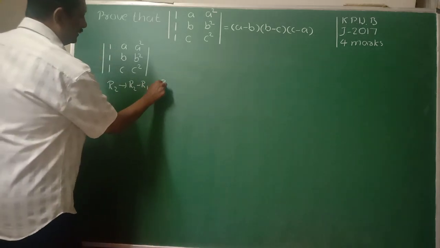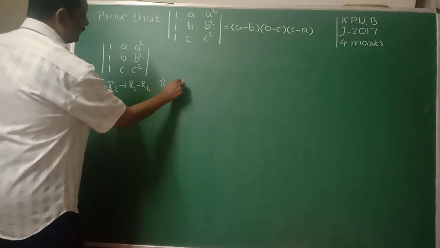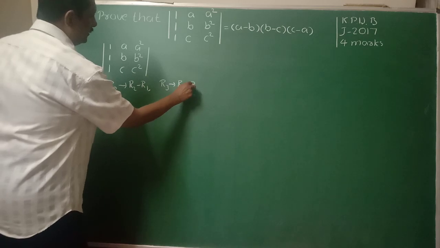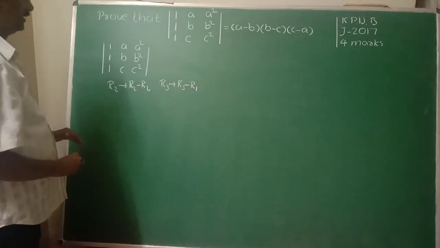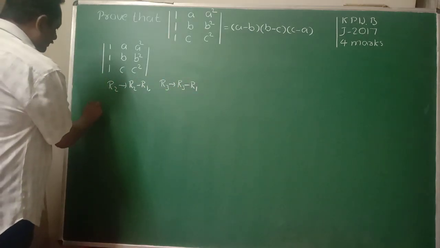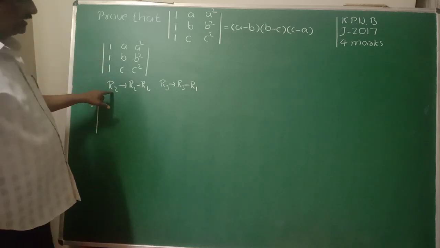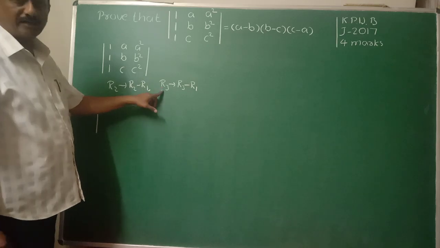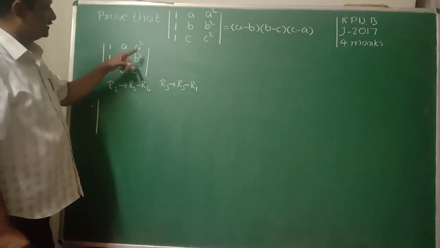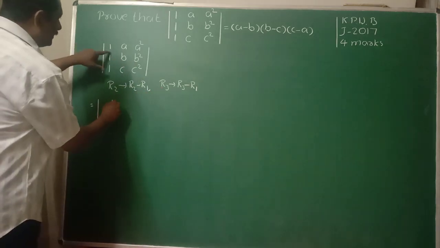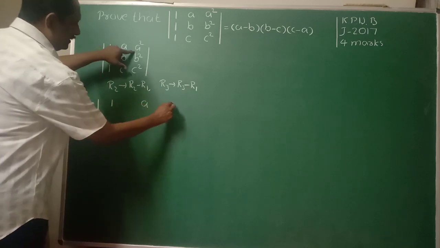So R3 gives R3 minus R1. Therefore this is equal to the determinant where only the second and third rows change; keep the first row as it is. So write 1, a, a square.